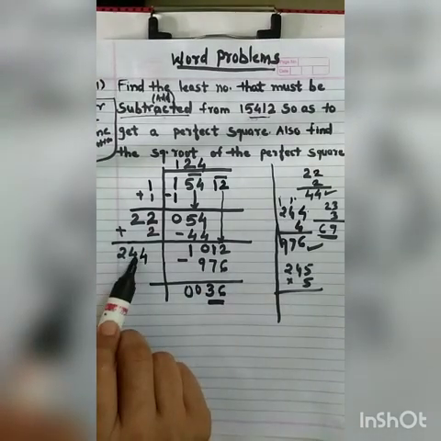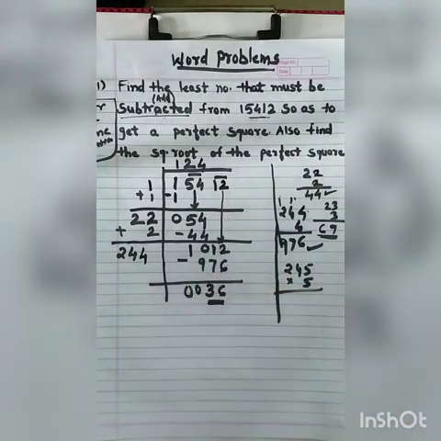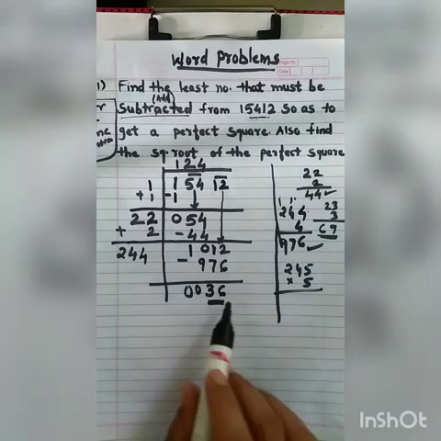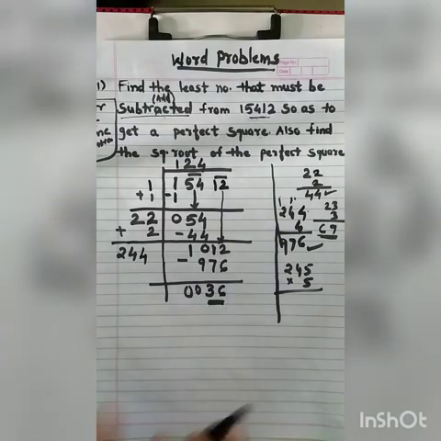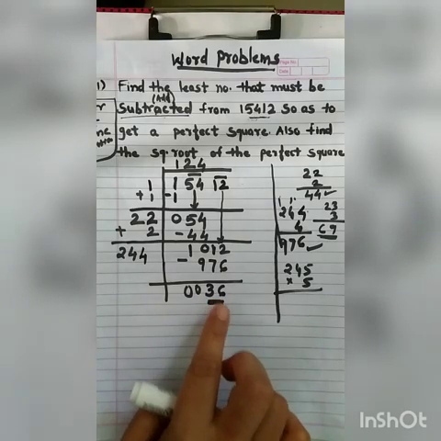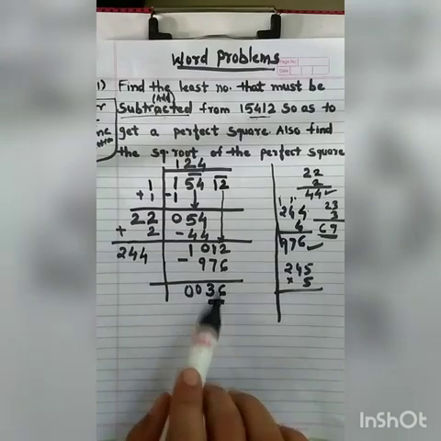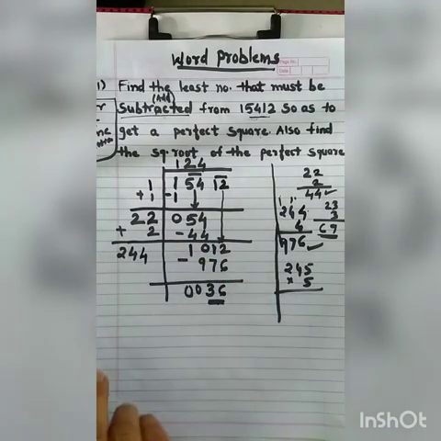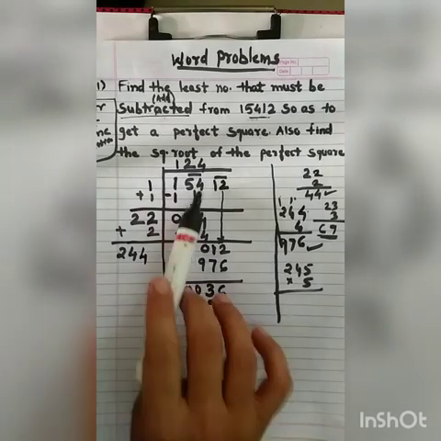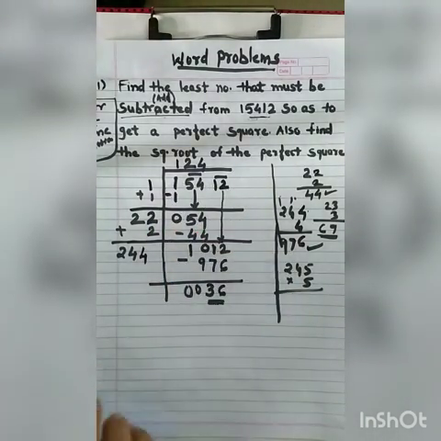Now I cannot move forward as I don't have any pair to copy down with 36. So this 36 is now your remainder. It means the perfect square number is less than the given number by 36. So we subtract 36 from 15,412 so that the number will be a perfect square.